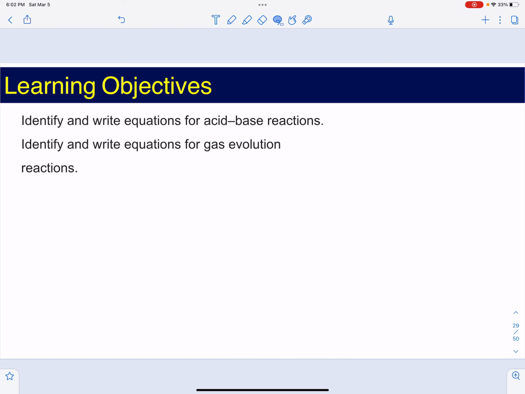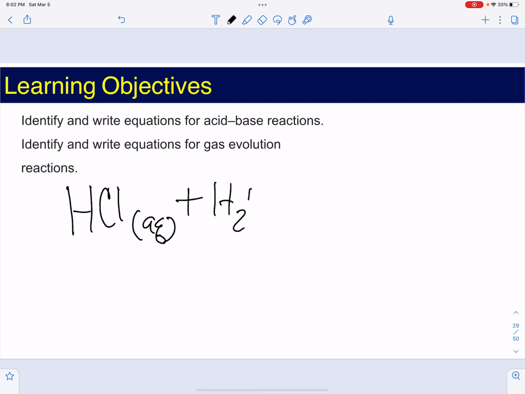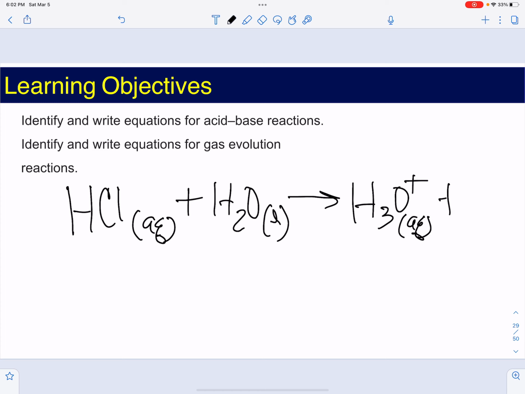The classic example is, let's say that we have hydrochloric acid, which is going to be an aqueous solution. And within that aqueous solution, there's going to be water. And look what happens. See if you can follow what just happened here.